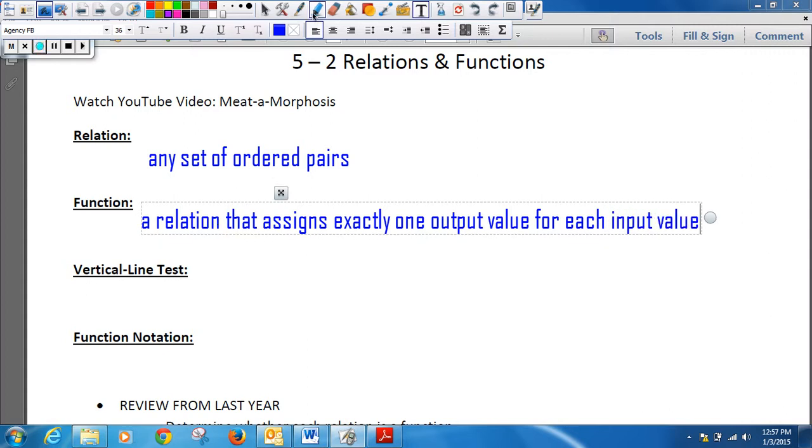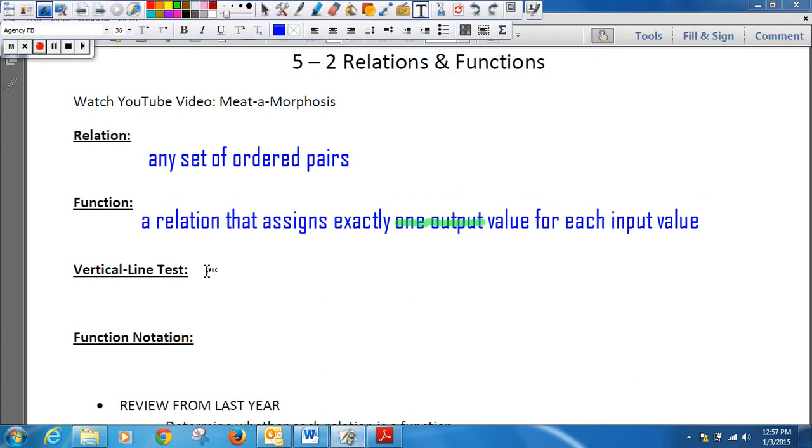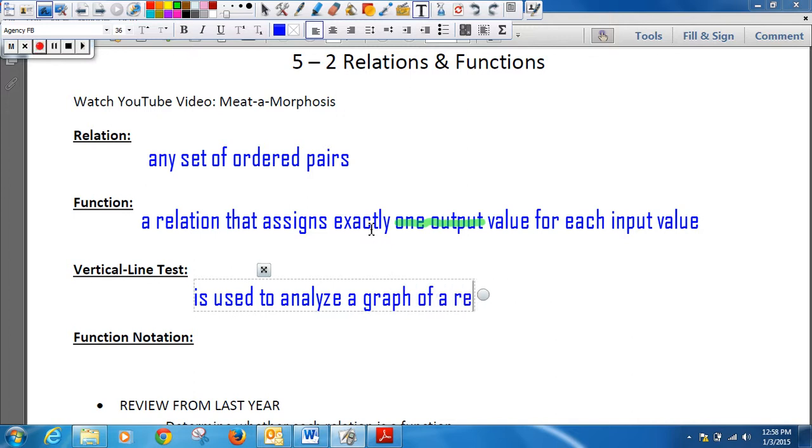So the important part here is that you have only one output for each input. One way to test it, if you have a graph, is called the vertical line test. Remember, a vertical line test is used to analyze a graph of a relation to tell if it is a function or not.